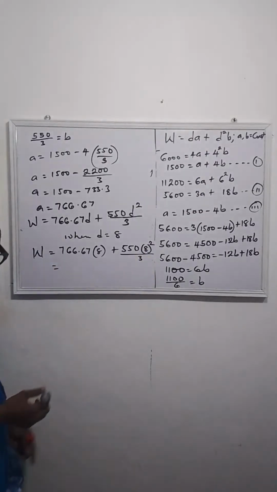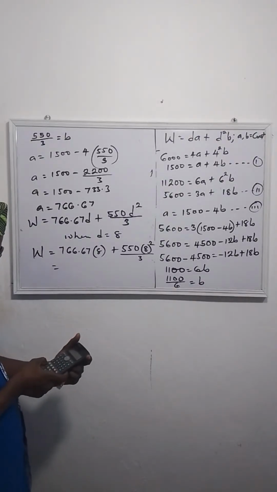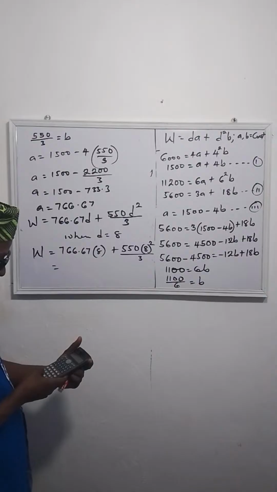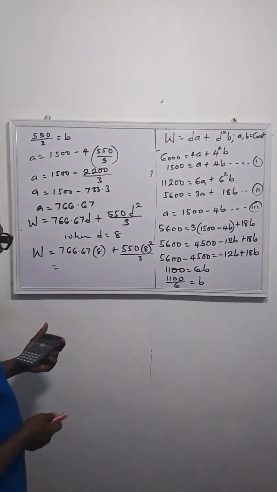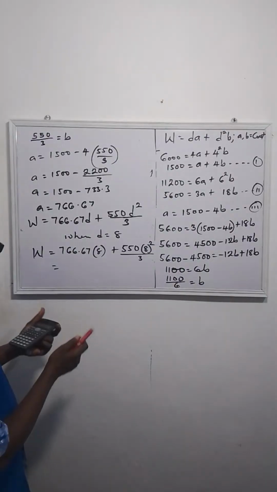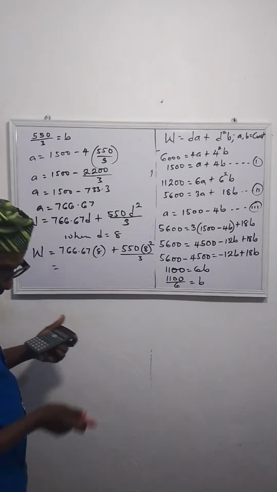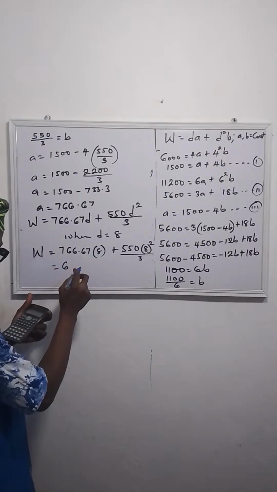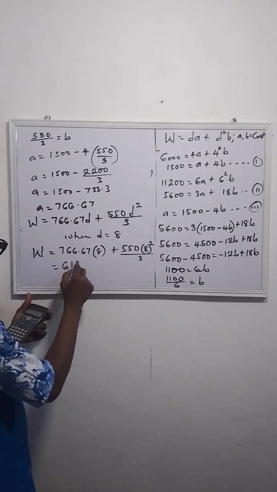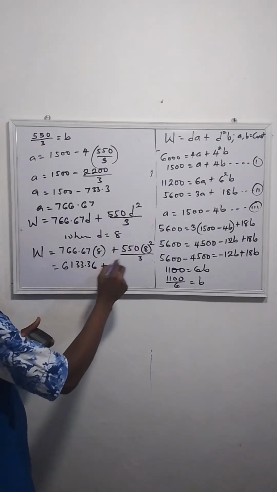Okay, so what do we have now? When you multiply 766.67 times 8, if you do it correctly, you have 6,133.36, plus, and let's do this.